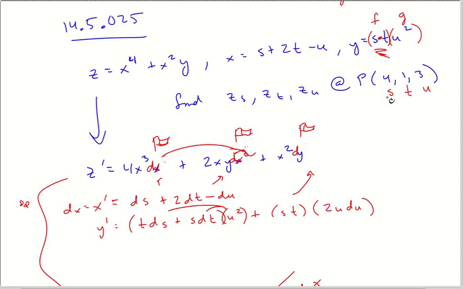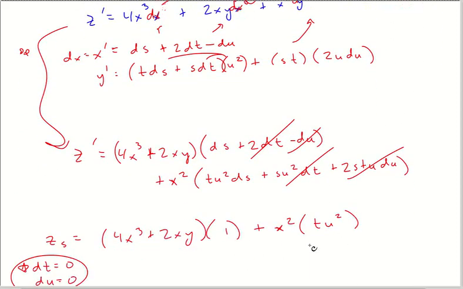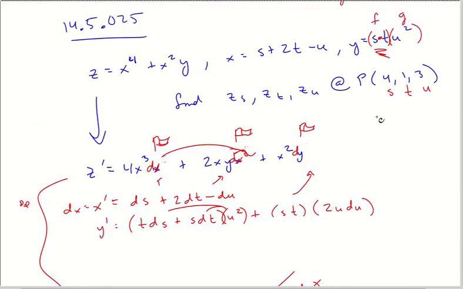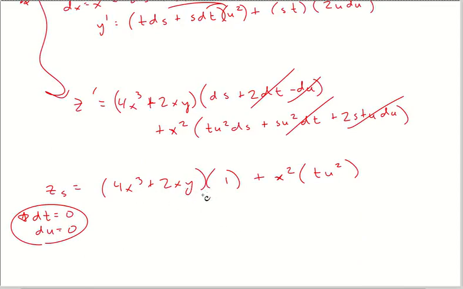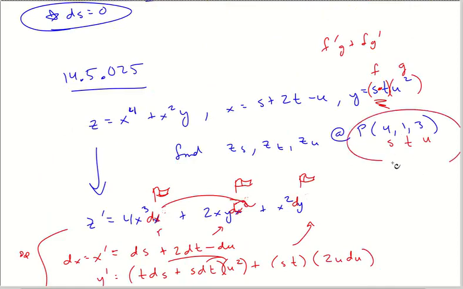This is going to be much easier now. Basically, I'm plugging those in for my s's and t's and stuff like that. So here's my question. What are x and y? If I need to plug in my x and y as well, what are those numbers going to be? I'm going to plug them into my original equations.